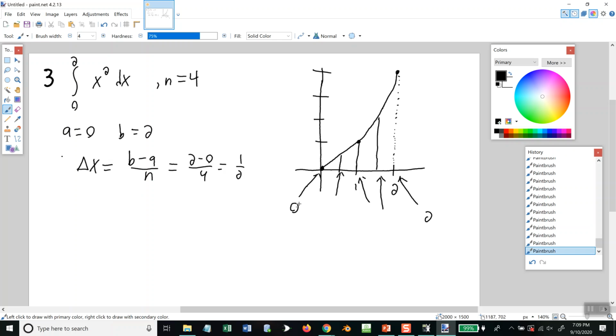So if I had 0 here, 0 plus 1/2 would give us 1/2. 1/2 plus 1/2 would give us 2/2 or 1. And then 2/2 plus 1/2 would give us 3/2. 3/2 plus 1/2 gives us 4/2 or 2.